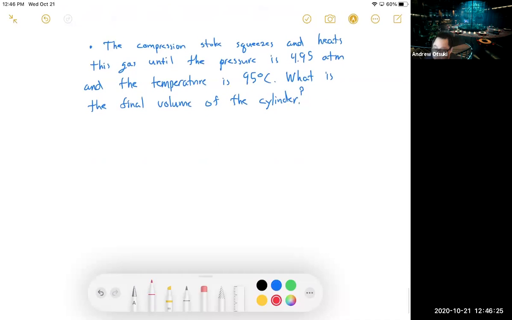So how do we solve this? Given. What are we given? So list down what variables you know. 352 centimeters cubed. So that's my initial volume. So my initial volume is V1. Now 21 degrees Celsius.